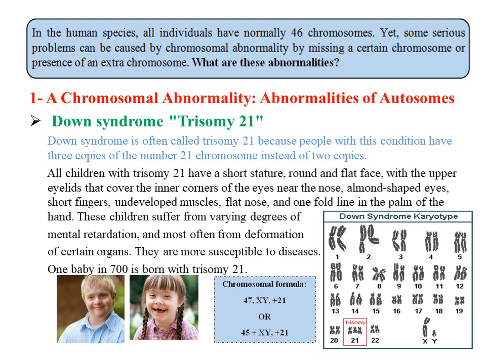Now, I want you to look at the chromosomal formula. It's 47, XY, plus 21 because we have an extra chromosome.